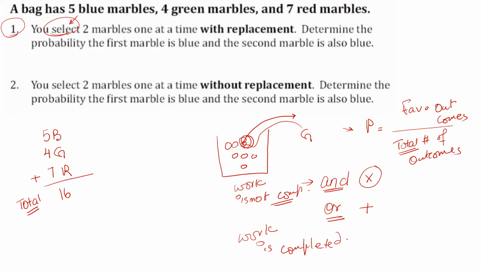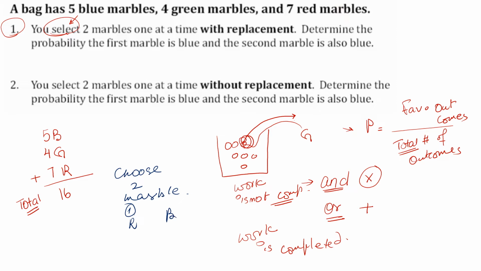So what is meant by work is not completed? For example, if I am asking you, choose 2 marbles, so that the probability of the first marble is, what is the probability of getting the red marble, and what is the probability that the second marble is blue.